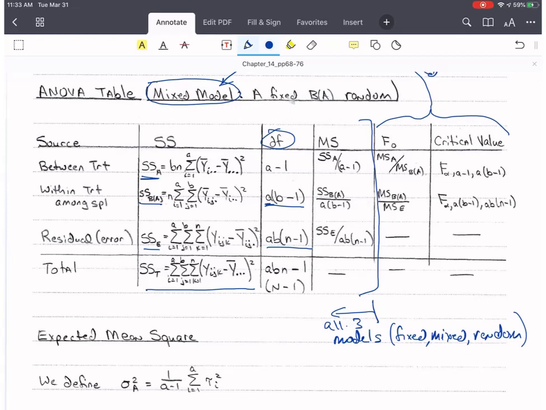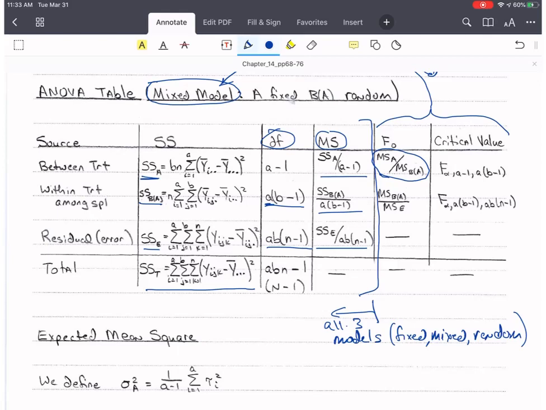All right. Our mean squares, as always, we take the sum of squares divided by the degrees of freedom for all three quantities. Now, here's where it's different. Right here. This changes depending on the model.